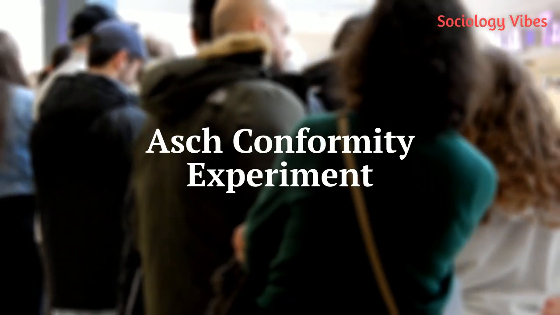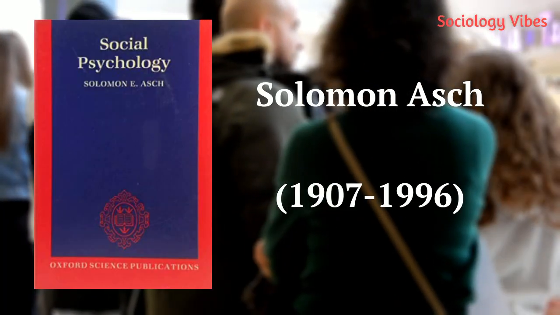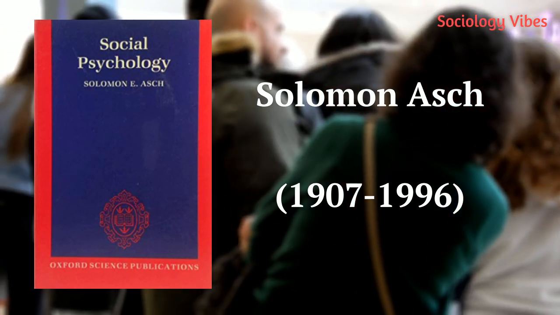Today, our focus is on the Asch Conformity experiment conducted by social psychologist Solomon Asch. The findings of this experiment shaped our understanding of the influence of peer and social pressure on conformity.